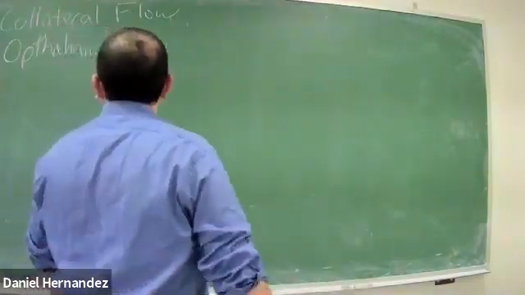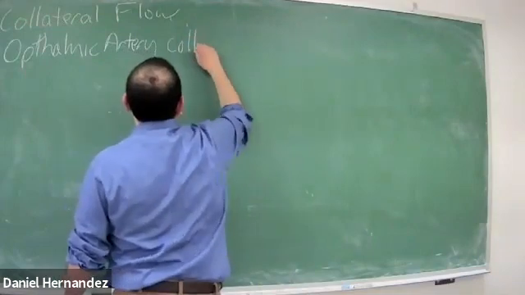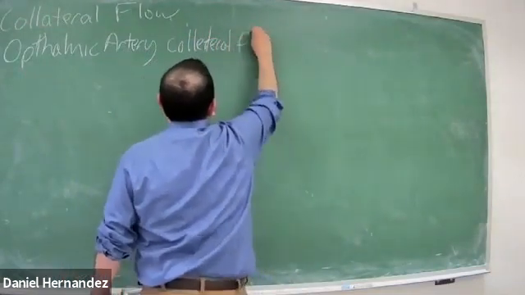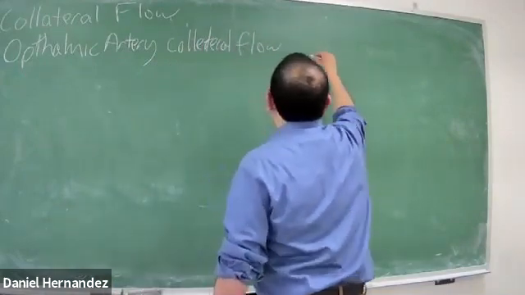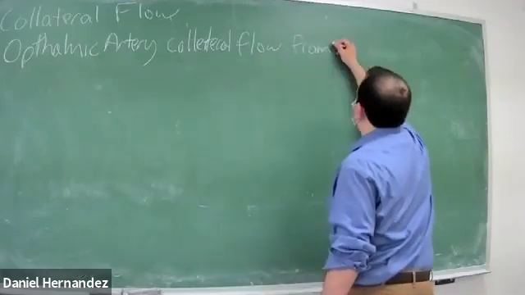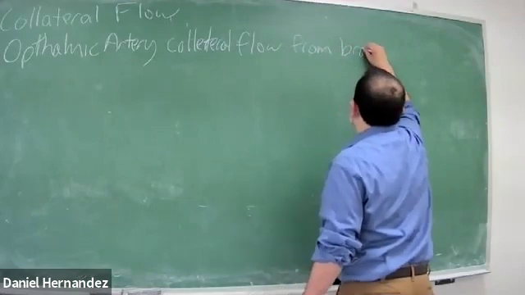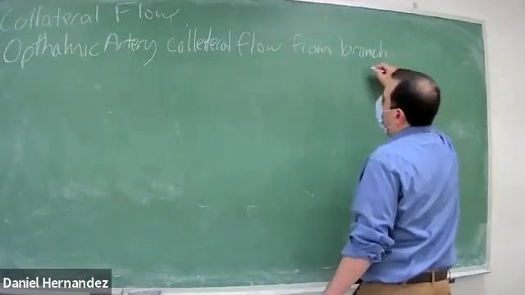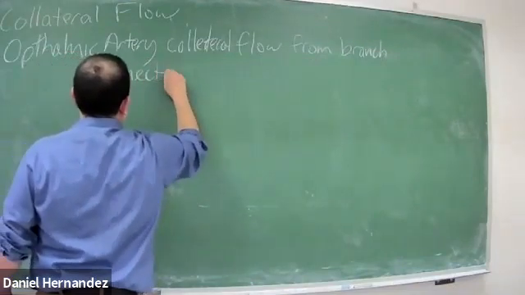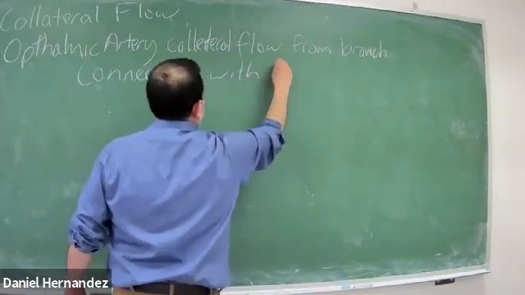So we have ophthalmic artery collateral flow from branch connections with the ECA.